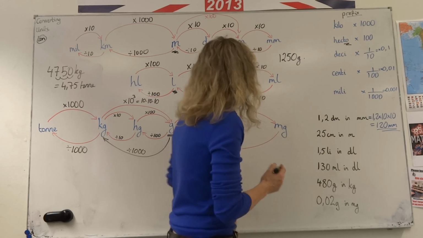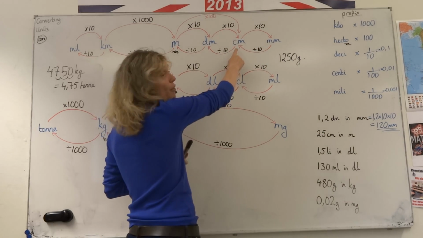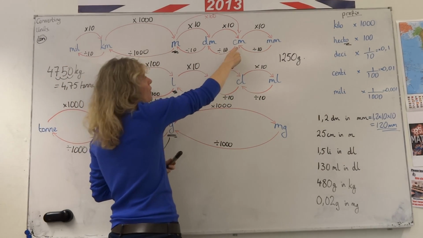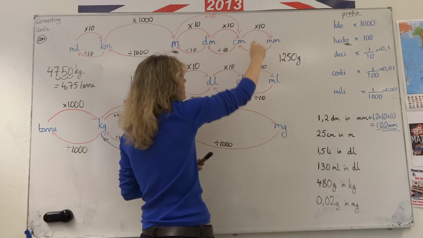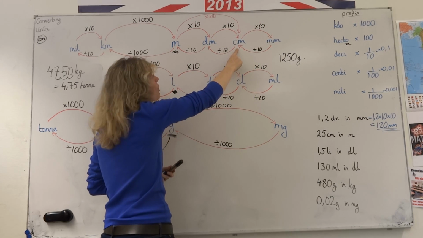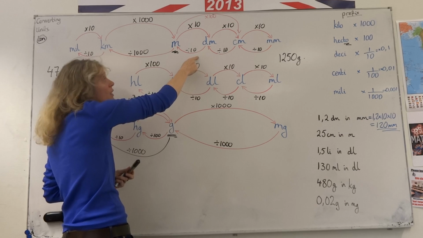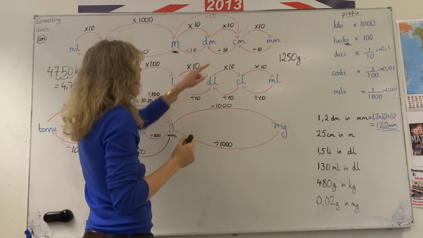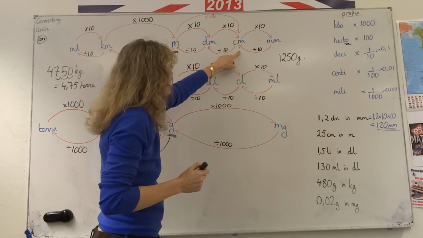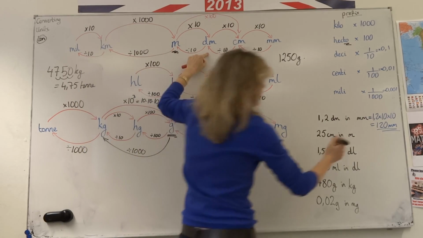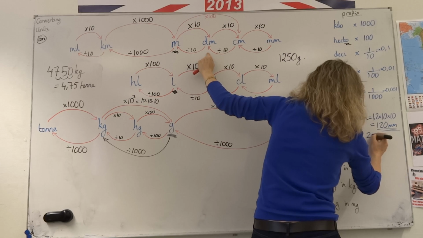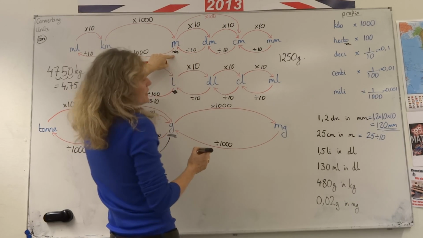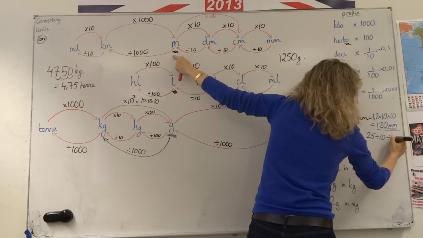25 centimeters to meters then. Now we're going from small unit to big unit. So now we're going backwards. Now we're not a frog jumping on the stepping stones. We're a frog swimming underneath the water, from a small unit to a big unit. So now we have to divide from centimeters, first by 10 to give us decimeters, and then by another 10 to get all the way back to meters.